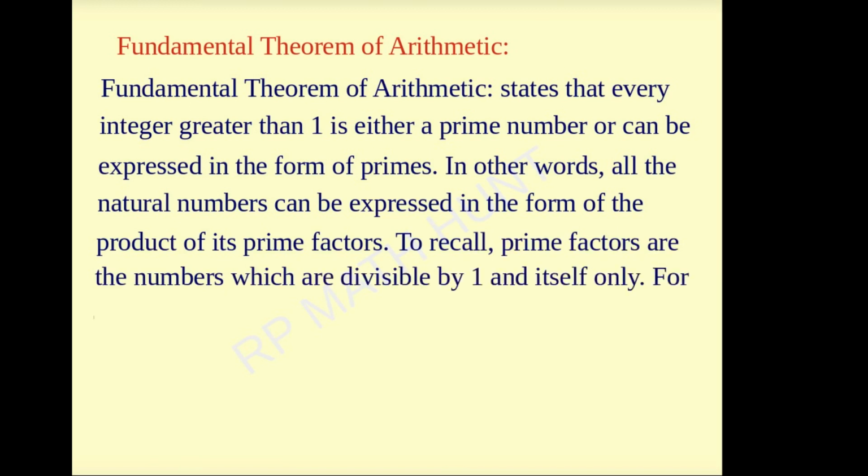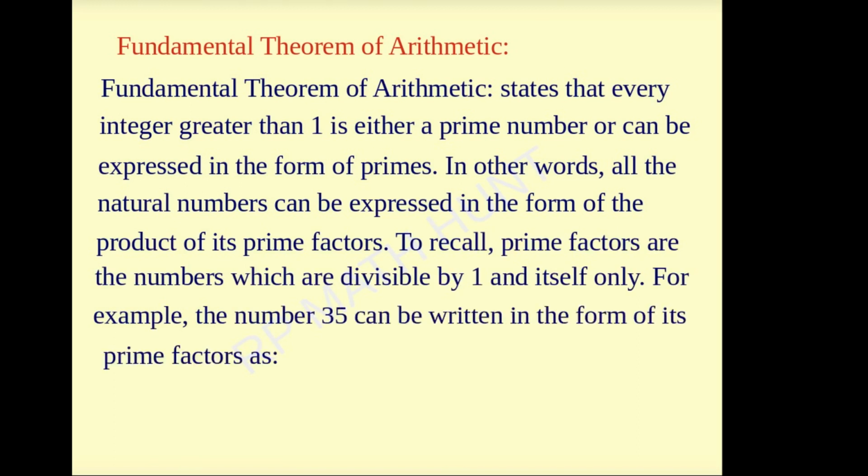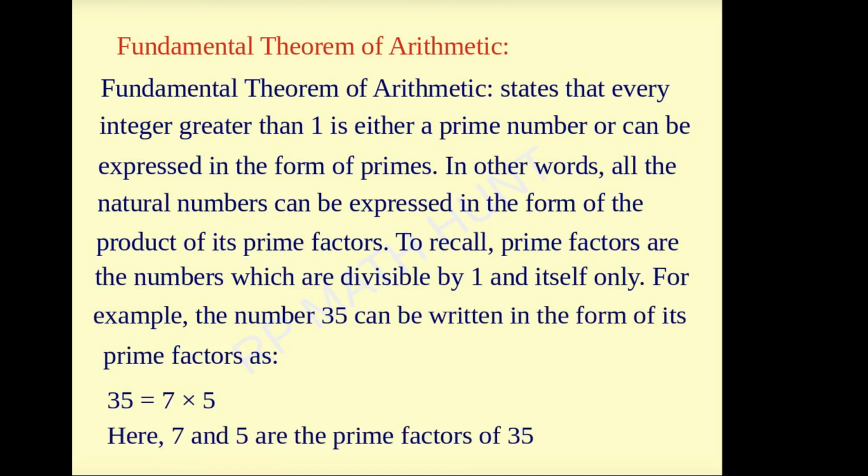For example, the number 35 can be written in the form of its prime factors as 35 equals 7 into 5. Here 7 and 5 are the prime factors of 35.